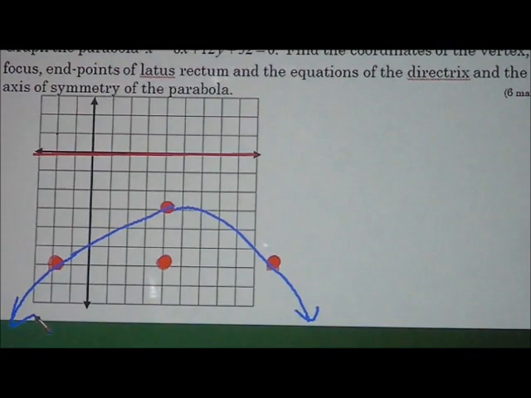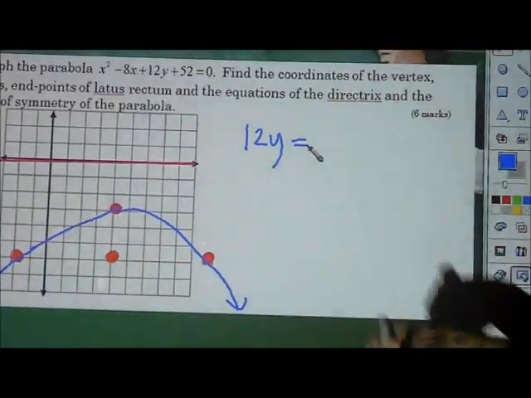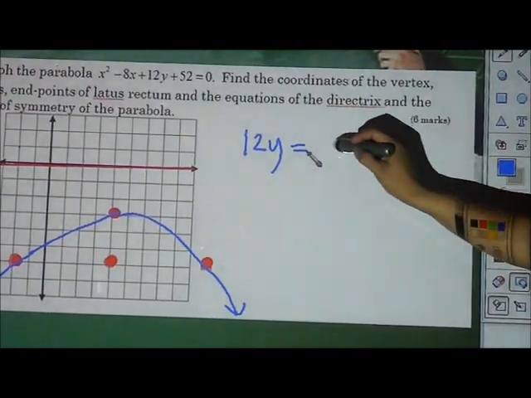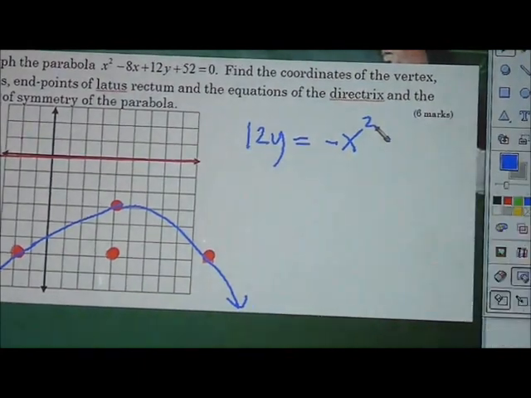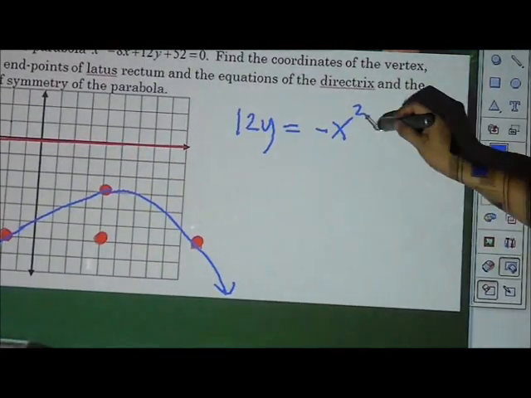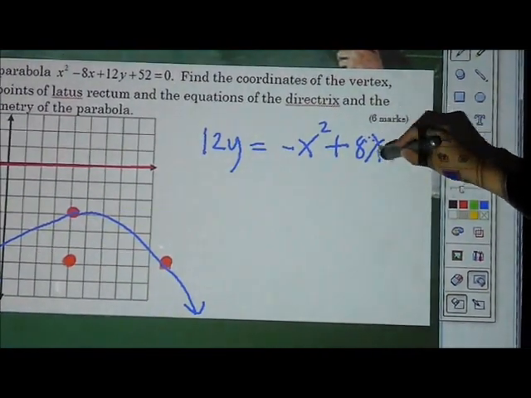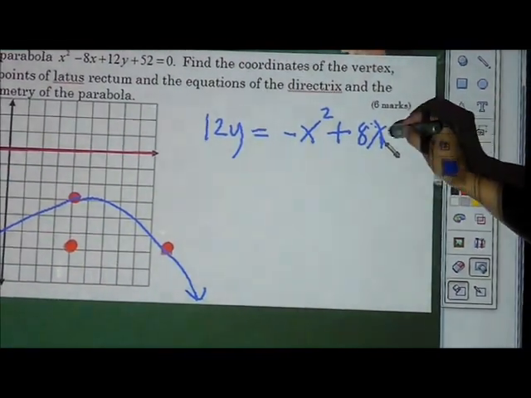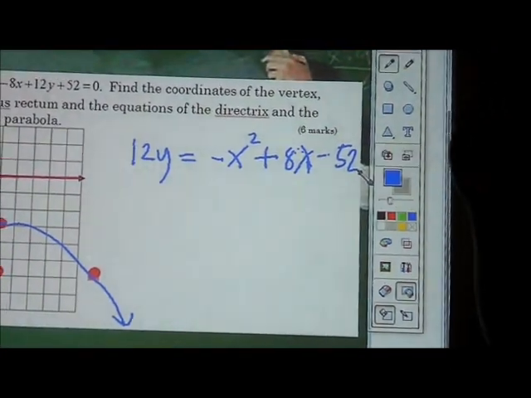Now, transpose all the other terms to the right side. So we have negative x squared. Negative x squared. What's next? Plus 8x. Then minus 52. So that we can transform it in the form y in terms of x.